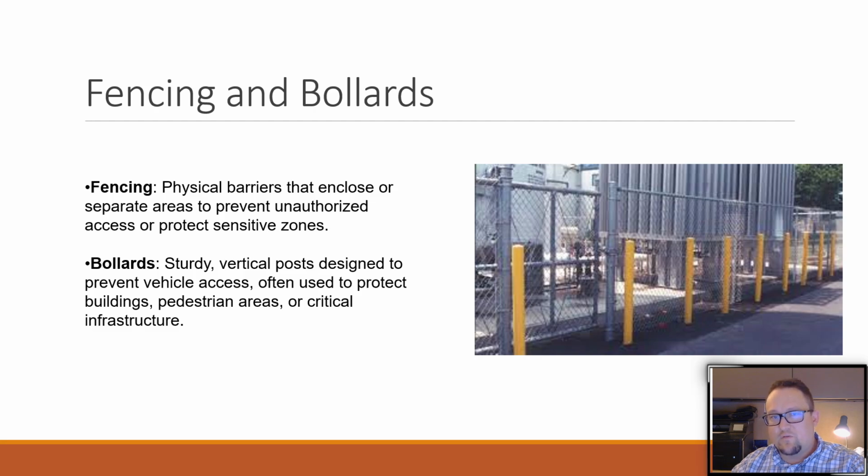If we want to go a step further, we'll add barbed wire or razor wire to the top of the fence, which will help increase the difficulty of breaching the perimeter. We can also use electric fencing, and electric fencing can bring a shock or a triggered alarm to the fence. Not all electric fences are going to give you a shock.